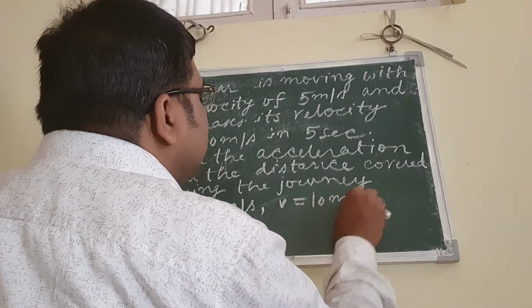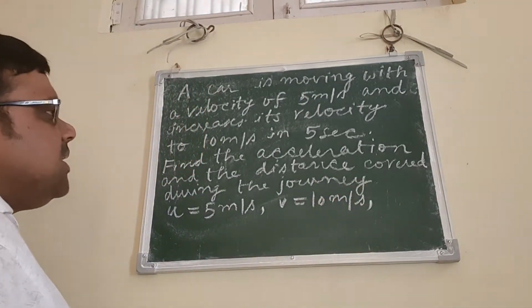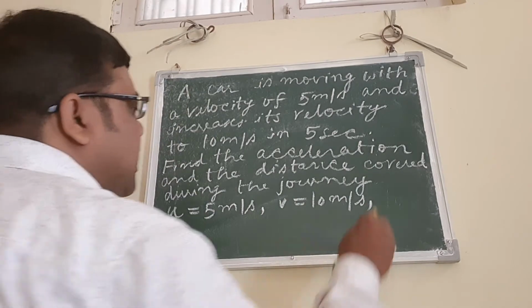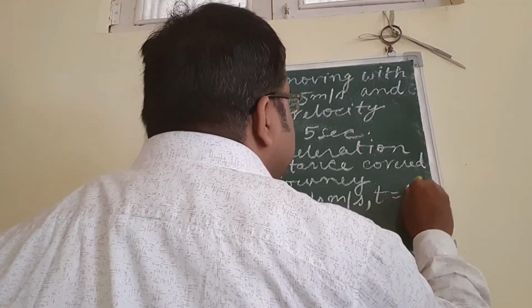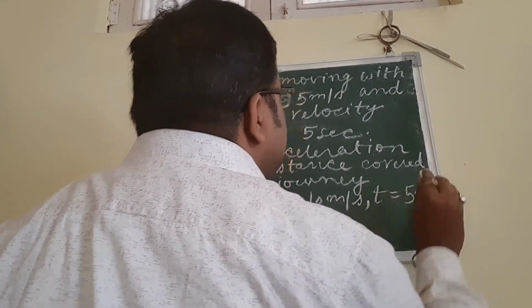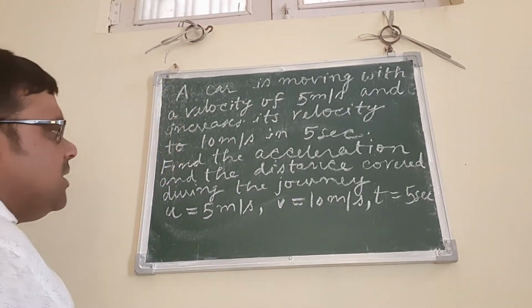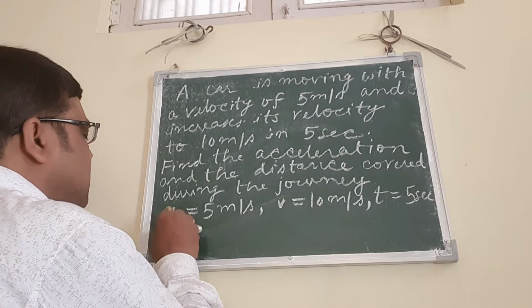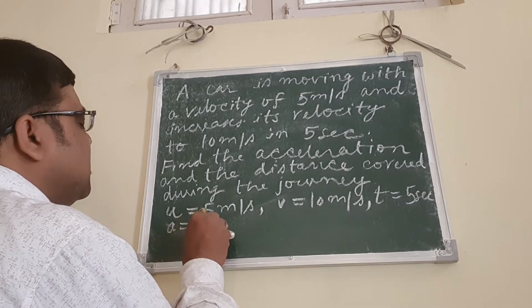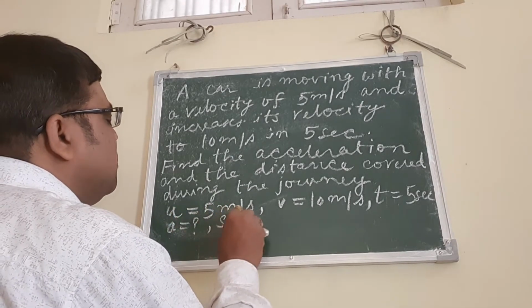So the increased velocity, that is the final velocity, is 10 meter per second. Time is 5 seconds. Find the acceleration. So we have to find the acceleration. Also the distance moved, that is s.